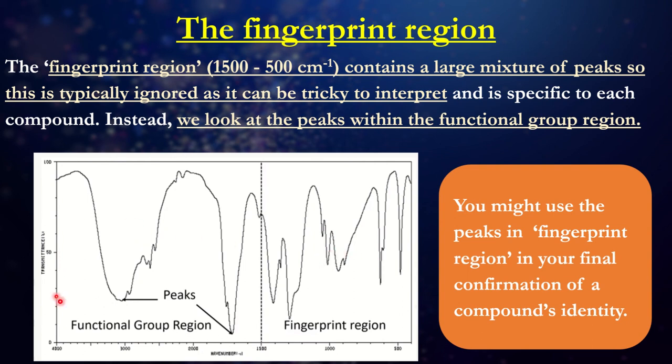So we generally go with the left hand side first to work out the main functional components, and then we use the fingerprint region to confirm the identity of our compound. This is great in finding our functional group, but you will need to use other techniques such as mass spectroscopy and NMR spectroscopy as well, together with infrared spectra.